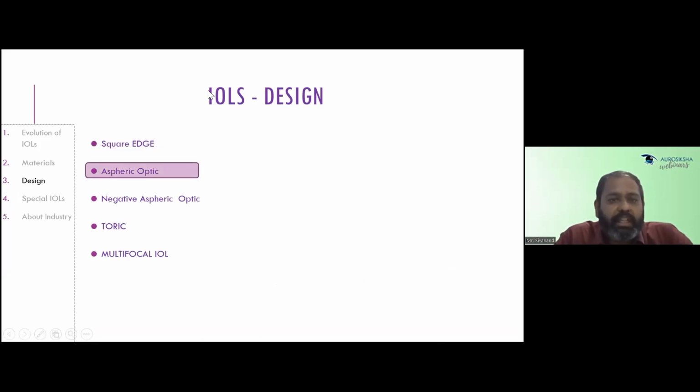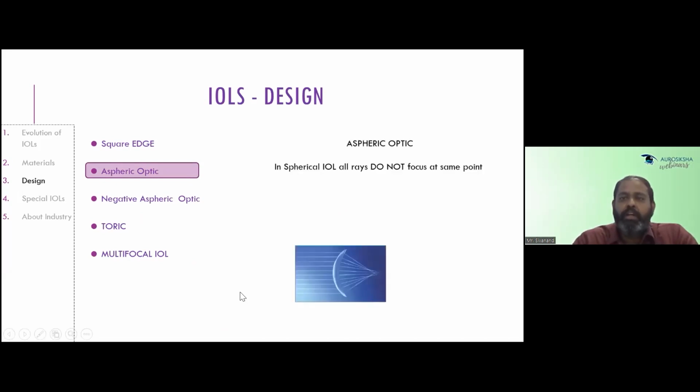So the next is the aspheric optics. The aspheric optics is an improvement on the basic optic design of the lens. In spherical, all the rays do not focus on a common point.